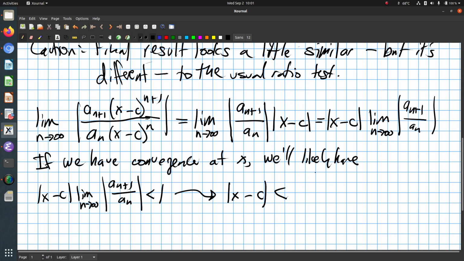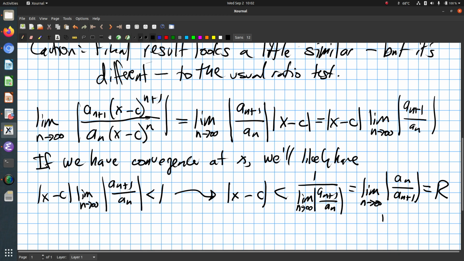So x minus c, absolute value, is less than 1 over the limit of a_(n+1) over a_n, as n goes to infinity. And this is where I say be careful, because this is the opposite order. Even though it looks like the usual ratio test, it's not, because the a_(n+1)'s are flipped. This is the radius of convergence.